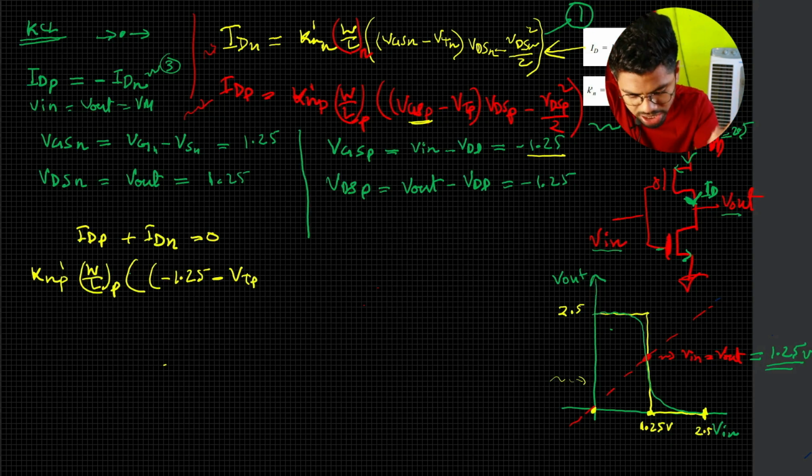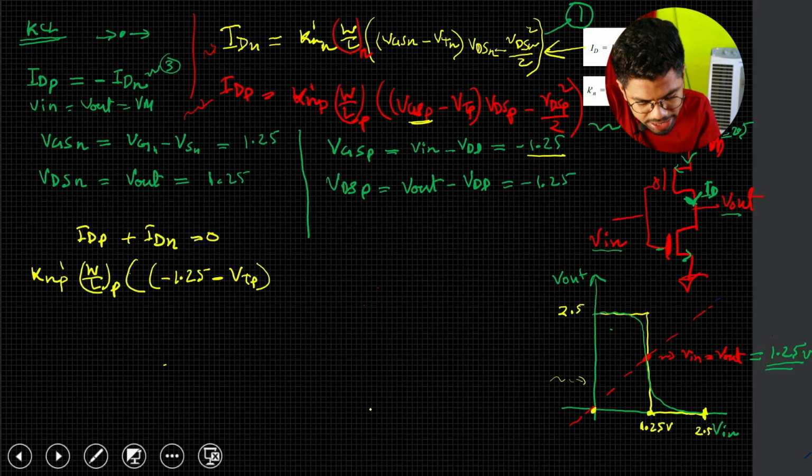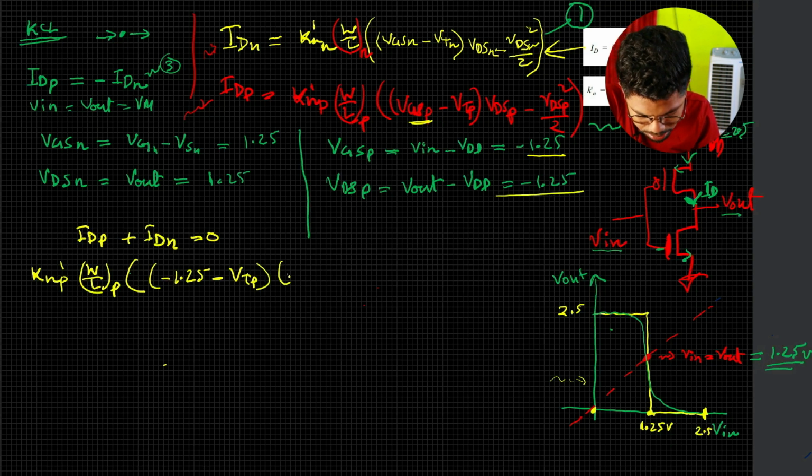So VTP I'll tell you what that is. Then VDSP we have, so it is again minus 1.25, minus 1.25 whole square by 2.